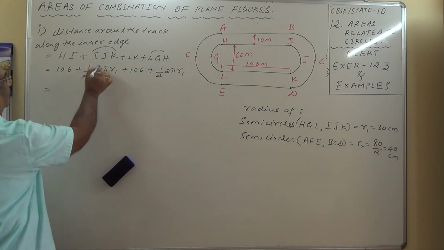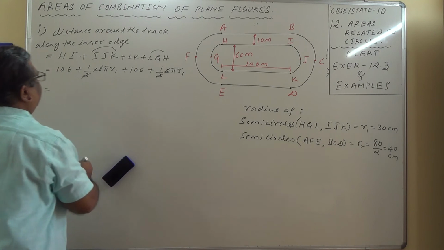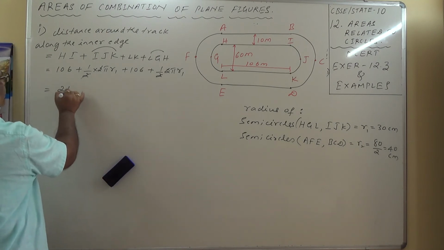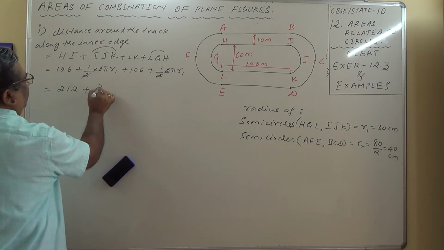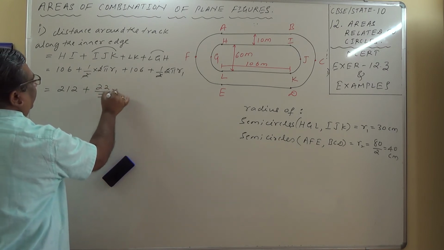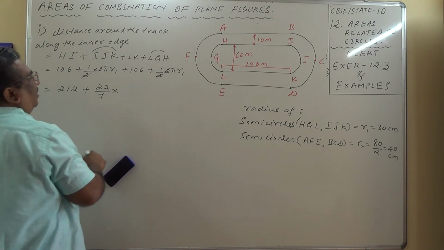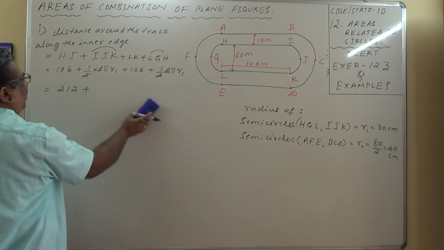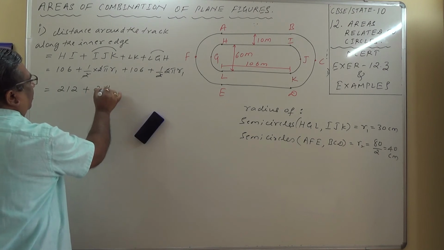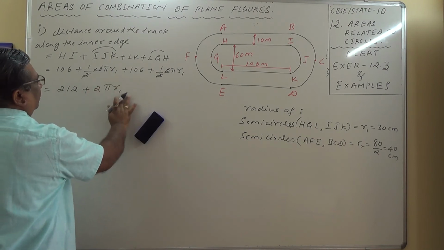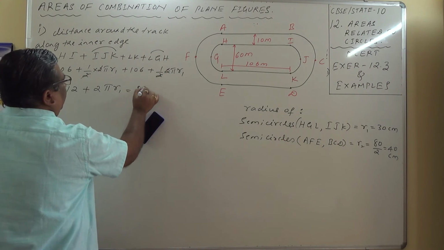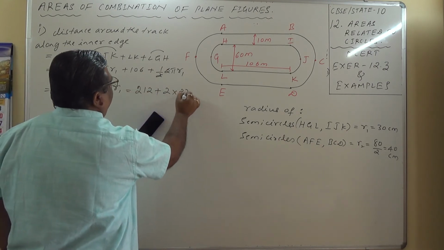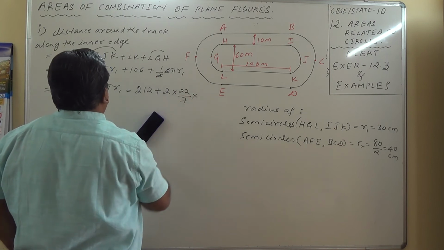So here 2 cancels, this 2 also cancels. 106 plus 106, 212, plus 22 by 7 into r1, pi r1 plus pi r1, 2 pi r1, which is equal to 212 plus 2 into 22 by 7 into r1.